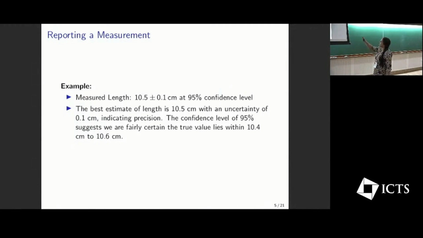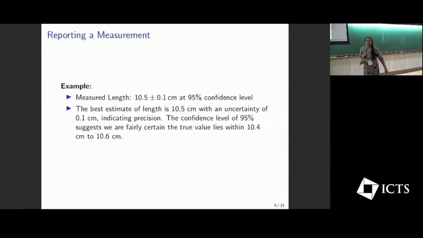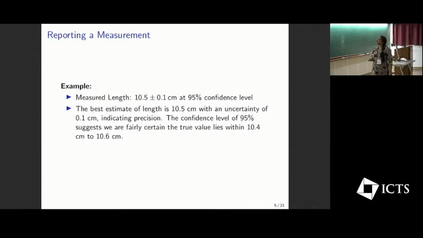So you're saying that this length lies somewhere between 10.4 and 10.6 centimeters, okay? And at 95% confidence level, that means that, of course, you have to do it a number of times, but the probability of any measurement being within this interval is basically 95%, okay? Is that clear?